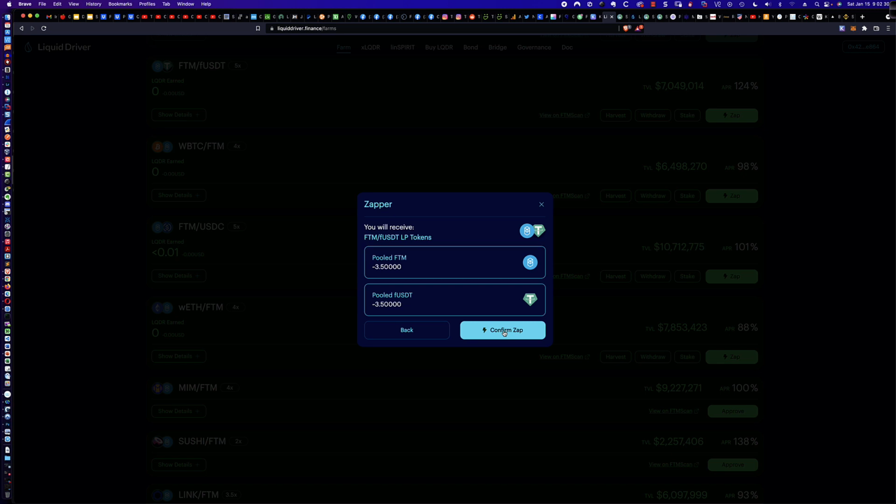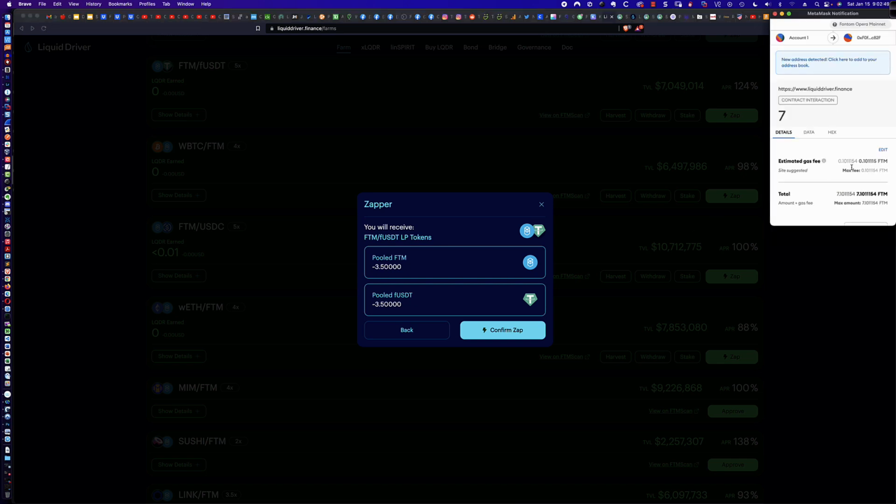Again, that's what I like about the pools here in the zap feature, it removes those steps for you. So take a look. Of the 7 FTM that we're going to use, half of it is going to get swapped to FUSDT. So let's confirm the zap, and then it's going to be put together as an LP pair, which is why when we look at the fee, you might say, wait a second, that's 10 cents.